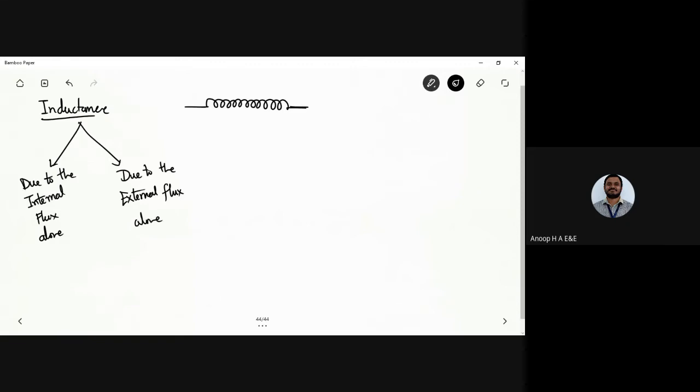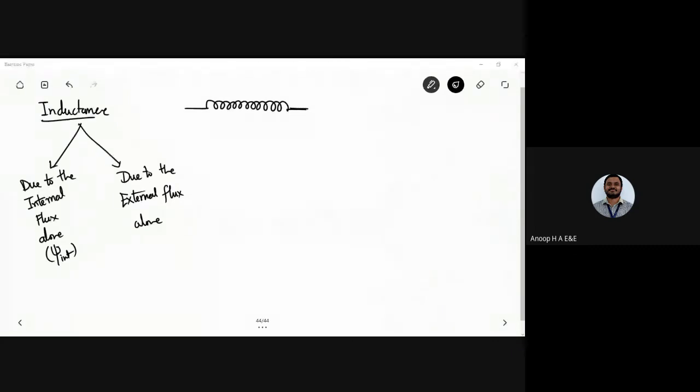Okay, so once you have this internal flux, I'll write it as phi int, or I can have the term phi. Yes.